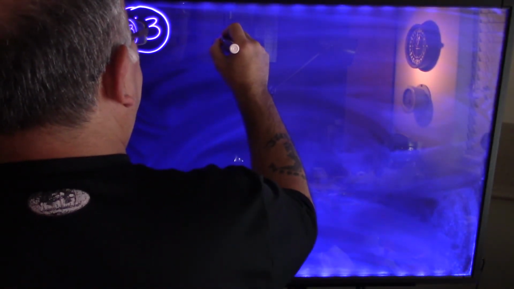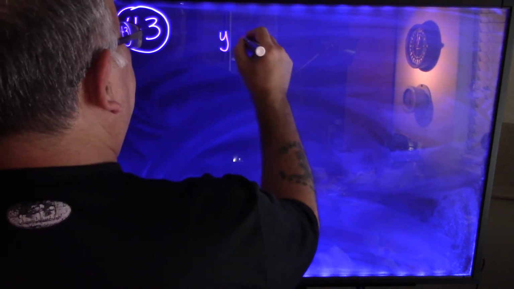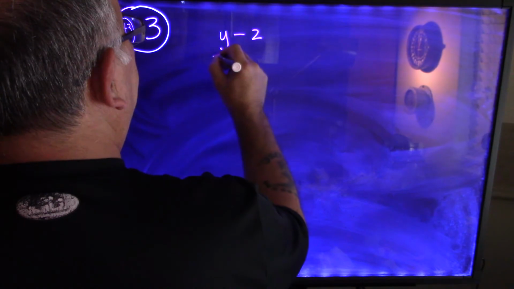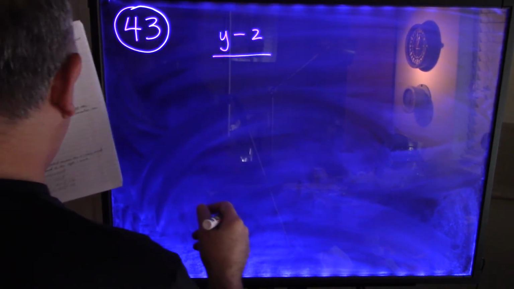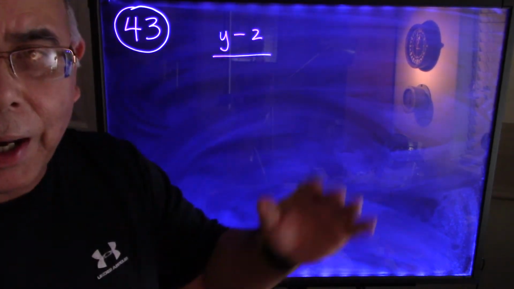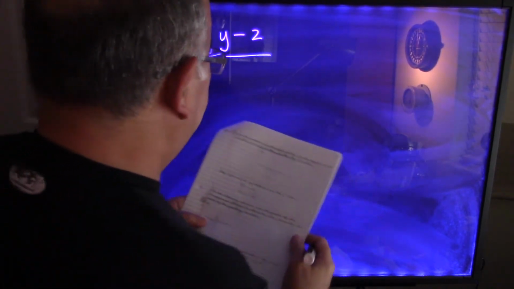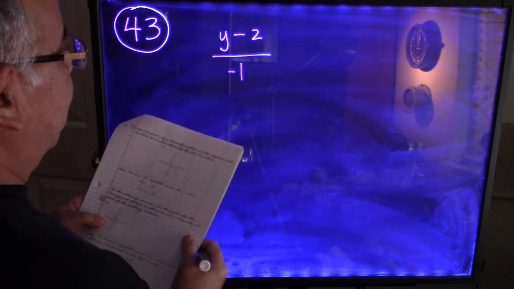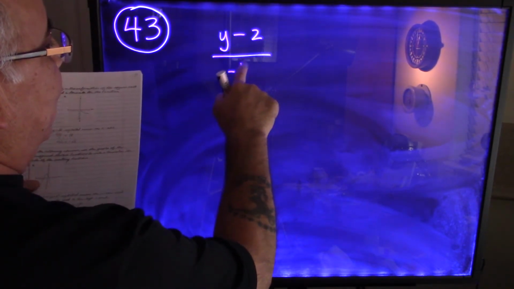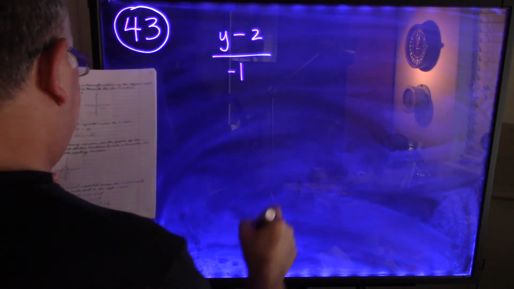Well, it's up 2, so it's y minus 2, and then the reflection is across the x-axis, so it's in the same direction as the y-axis, like this. So you put a negative 1 under all of that, next to the y there.